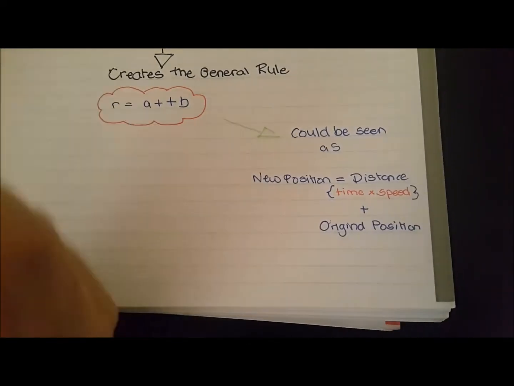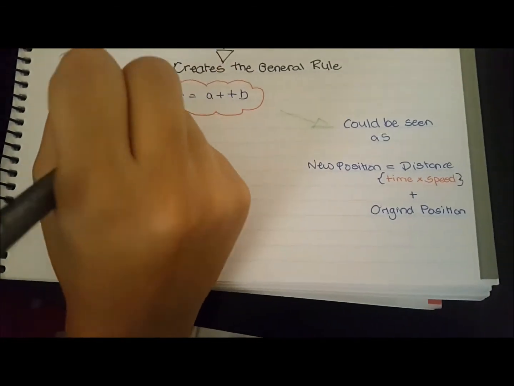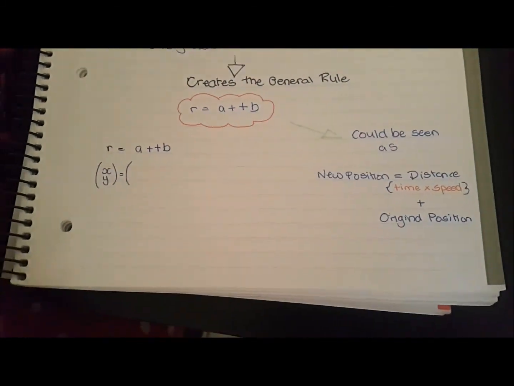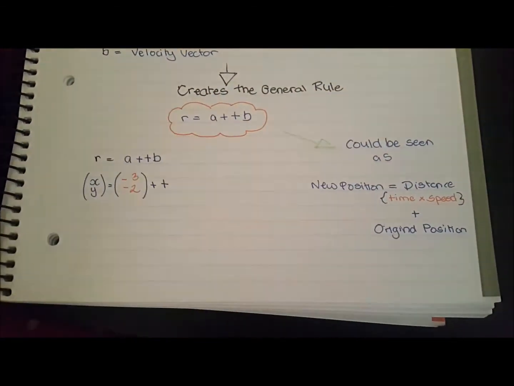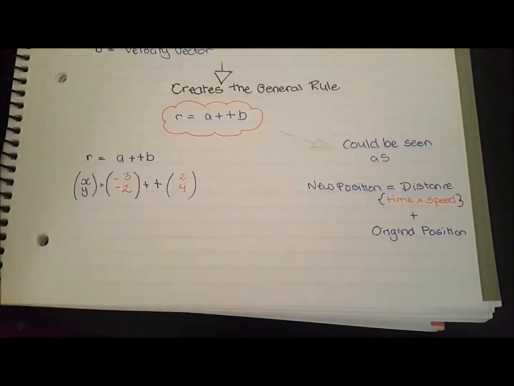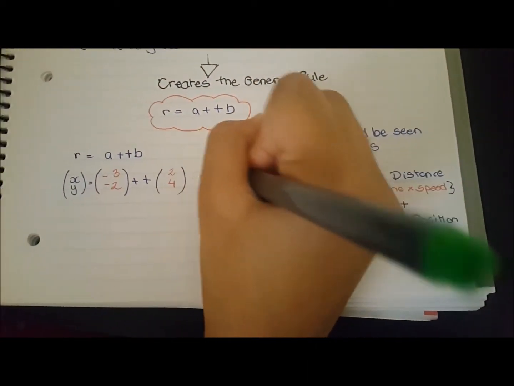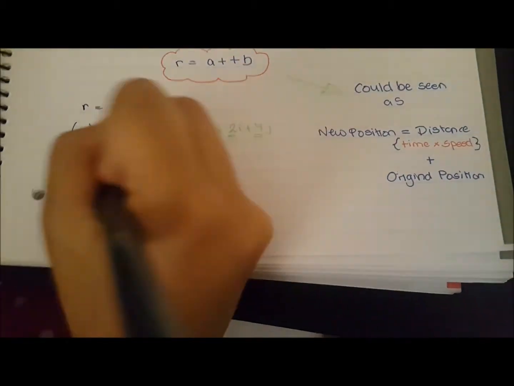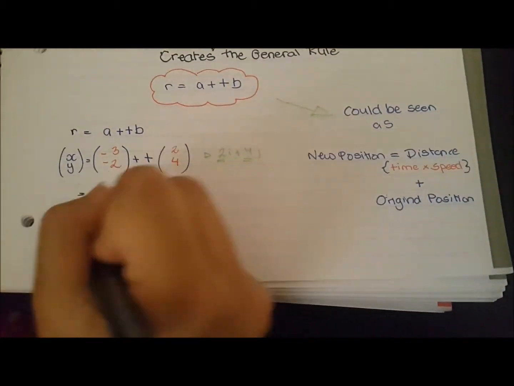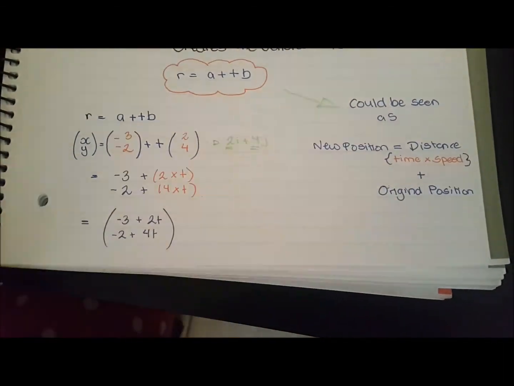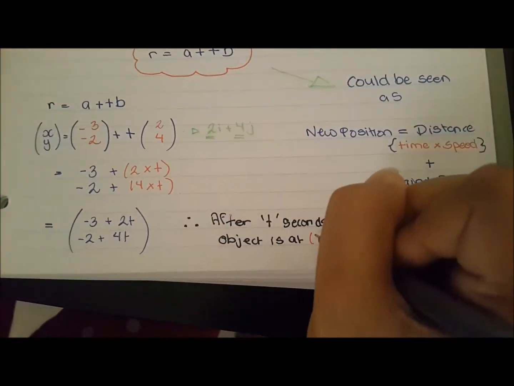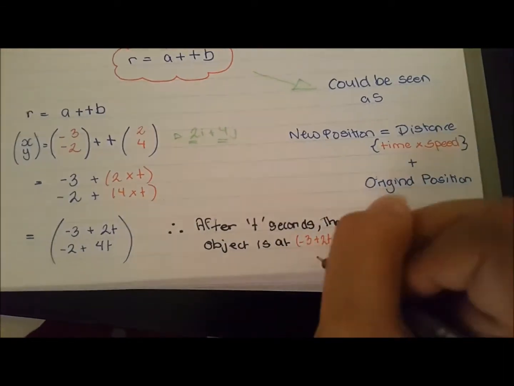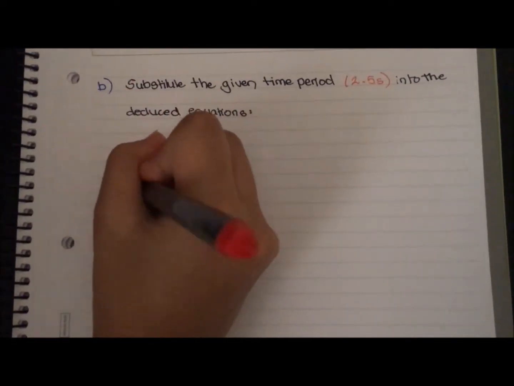Moving on, by substituting the given information into the corresponding terms, it creates the rule (x, y) is equal to (-3, -2) plus t multiplied by (2, 4), which was attained through the given vector 2i plus 4j. This could be further simplified to create the rule -3 plus 2t, which is utilized to deduce the x term, while -2 plus 4t could determine its y term.